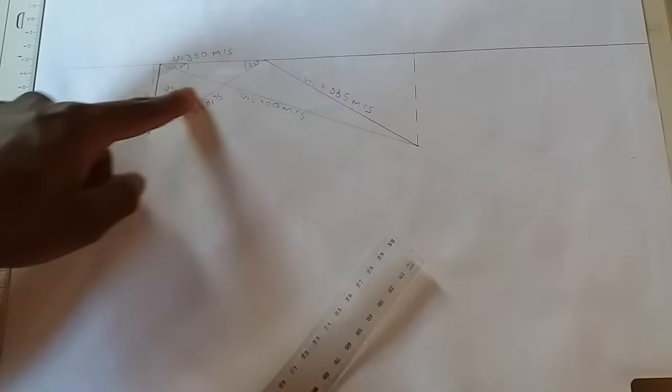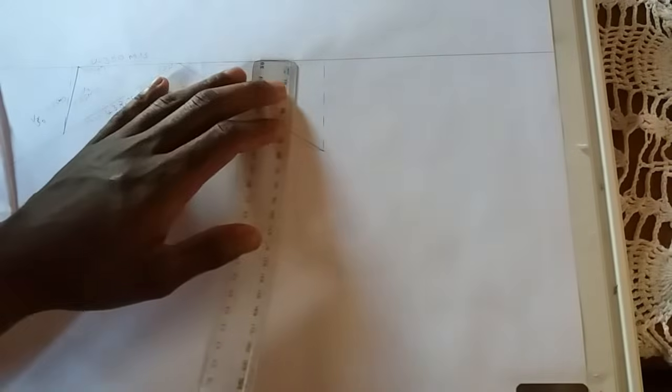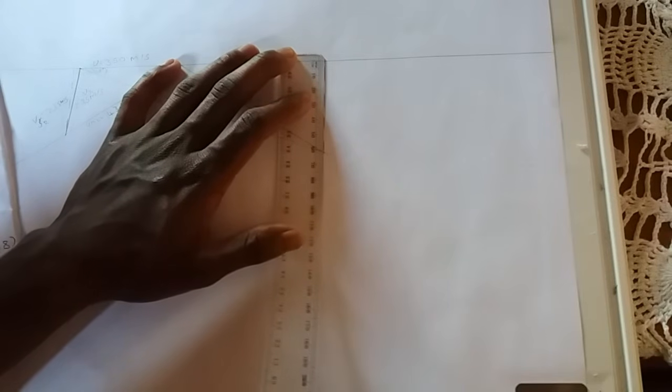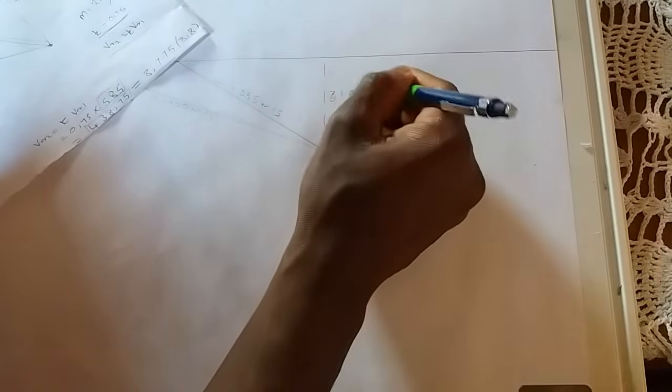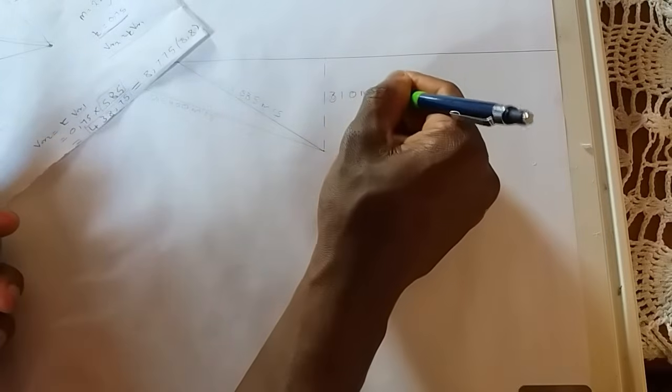So we go to this one, our velocity of flow number 1. I will measure this one, velocity of flow number 1, and I got that it is 6.2, and then 6.2 times 50, we get that it is 310 meters per second.